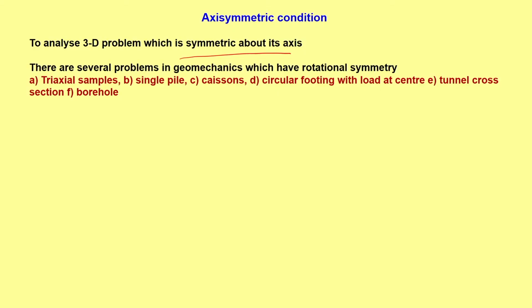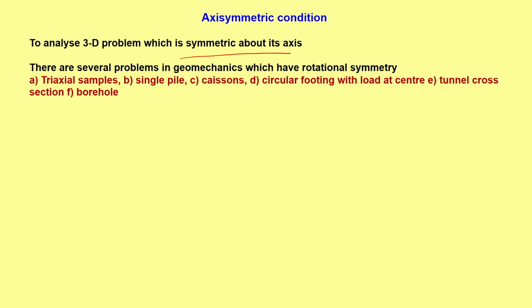Now, because of this all round stress, there is a sort of axis of symmetry, with respect to geometry as well as with respect to loading. So, a triaxial sample is a very good example of axisymmetric condition where you change the 3D to a 2D state.